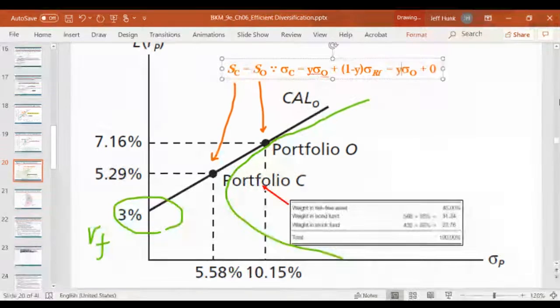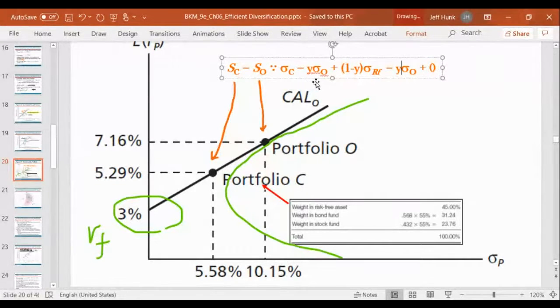If we think about what it does to the risk of the complete portfolio, it adds nothing. It doesn't add any risk, because it's risk free.